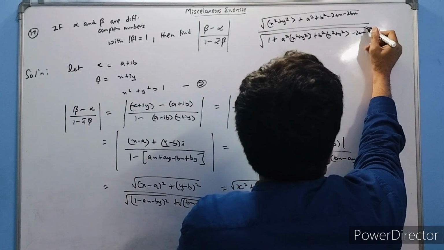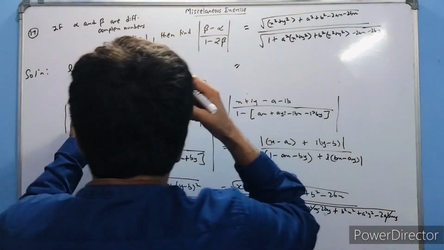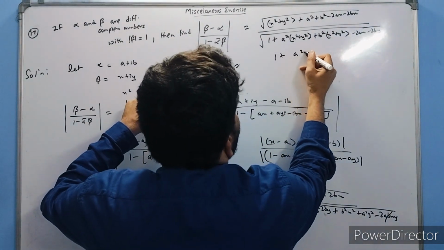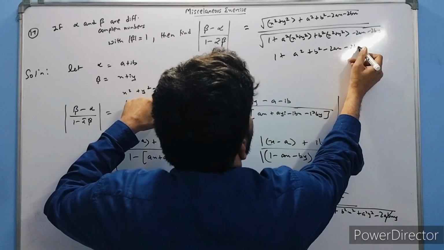Now why I have done this, because we know that x square plus y square is 1. So I can write 1 plus a square plus b square minus 2ax minus 2by here.